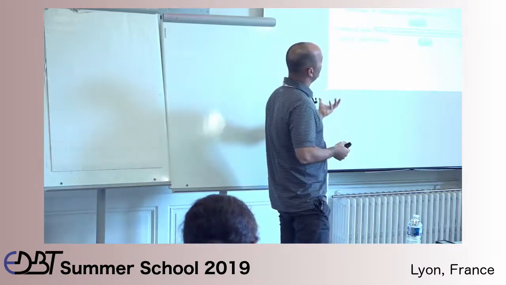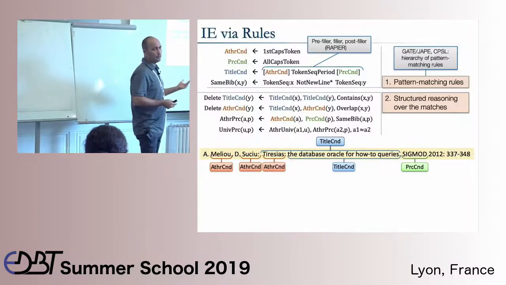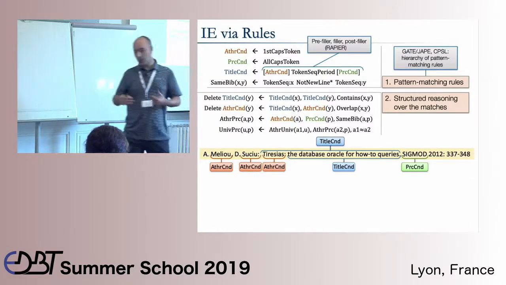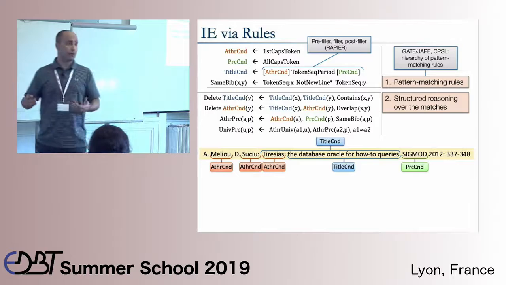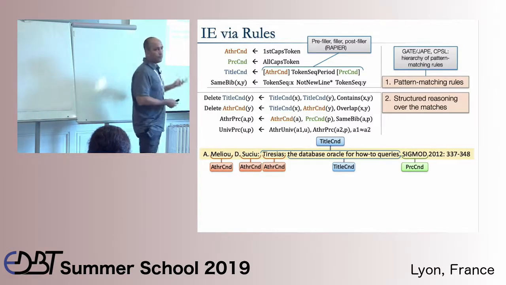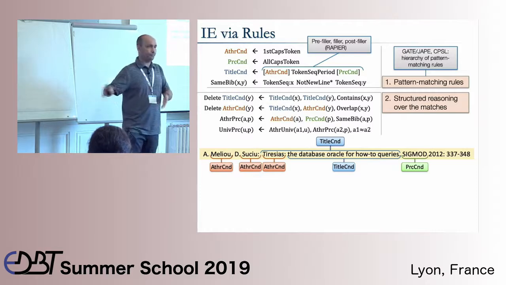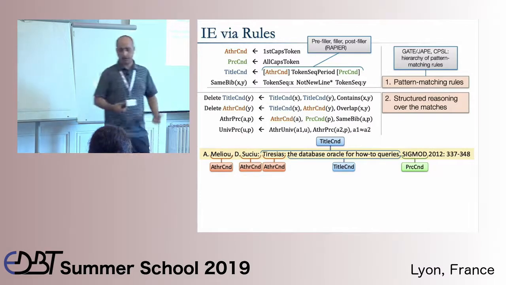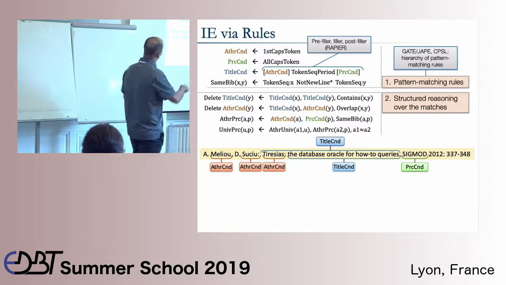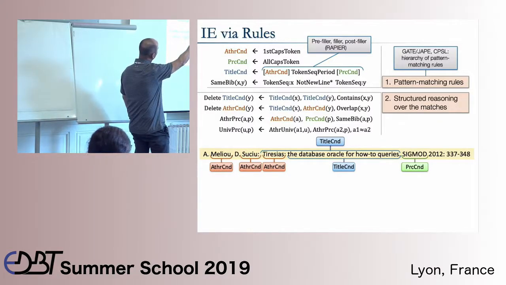The other kind of rules is basically relational reasoning. These are rules that operate over the relations that you've extracted in the first phase and do some reasoning that is essentially independent of the text. It's just at the level of the relations that you've extracted. Okay, so here there is a rule saying, well, if you have two candidates of the title and one contains the other, then delete the shorter one.